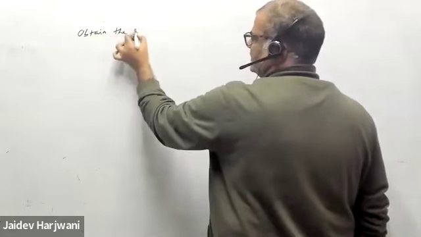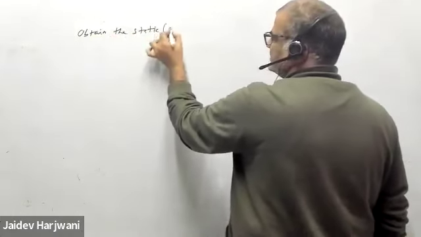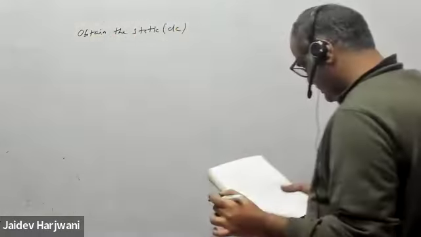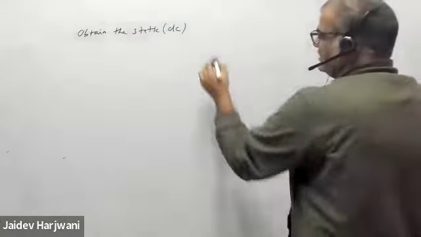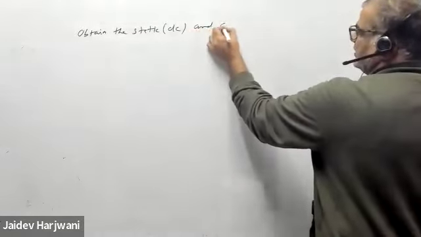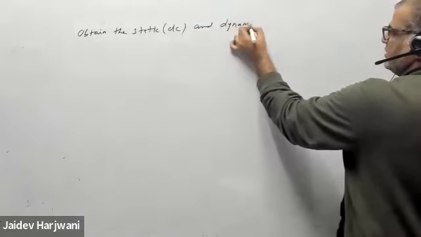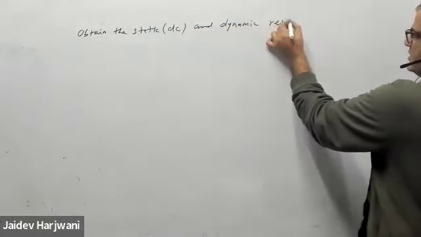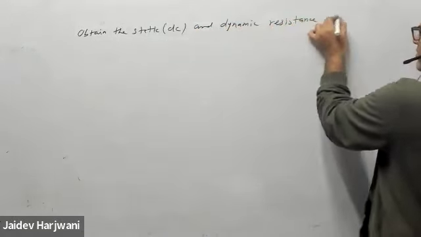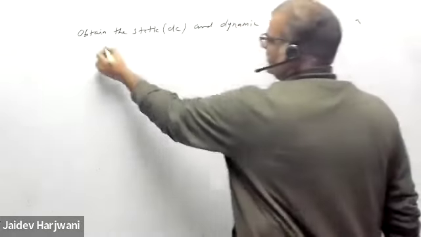Let us do one problem. The question is: obtain the static resistance, that is DC, and the dynamic resistance, that is AC, of a PN junction.